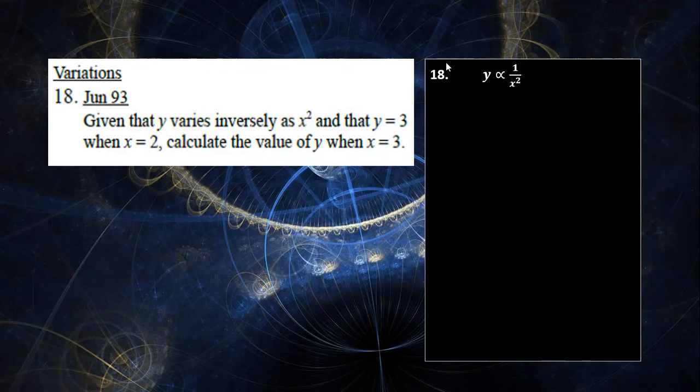Inversely, we have to place a 1 over x squared. And just like before, you have to put this symbol. Now we're going to replace this symbol here with an equal sign. And when that happens, you must place a k on top of here. Very important, right? So y is equal to k over x squared. Any questions?